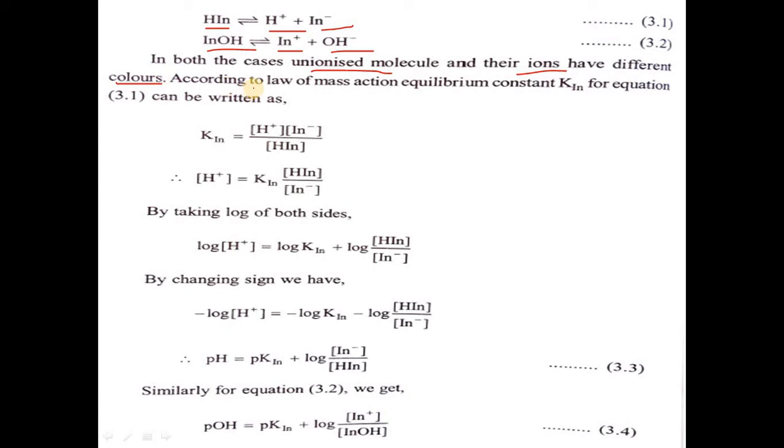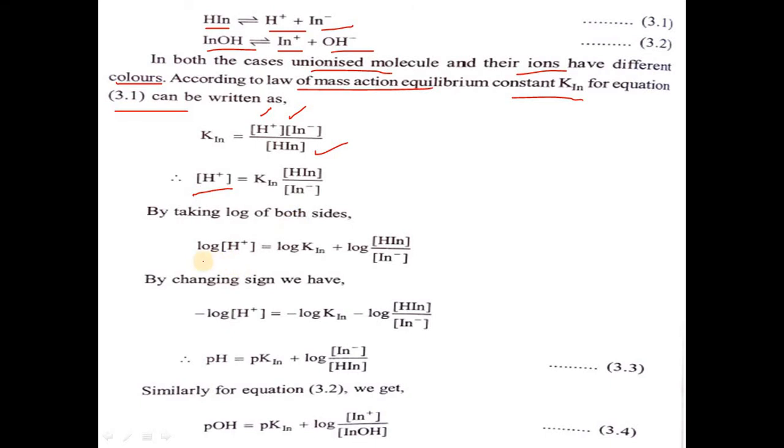This is Ostwald's theory. According to the law of mass action, the equilibrium constant K_In for equation 3.1 can be written as the concentration of products divided by the concentration of reactants. Therefore, by rearranging the equation, the concentration of H plus is K_In times HIn divided by In minus.